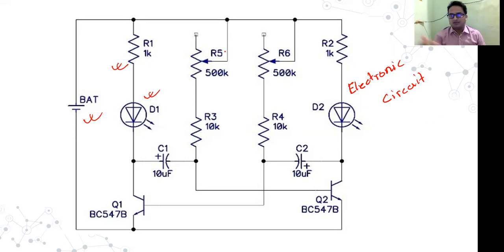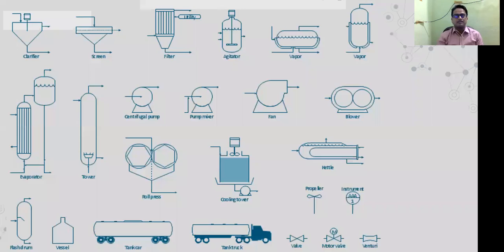Maybe electronics people will know these things better, and I can teach you how to draw them. So you can see how an electronic circuit can also be drawn using AutoCAD software. Different components can be placed at different locations, and you can show how they will be connected through the wire diagram and how the junctions are created. Everything you can do in your AutoCAD software. So this is for your electronics engineer.